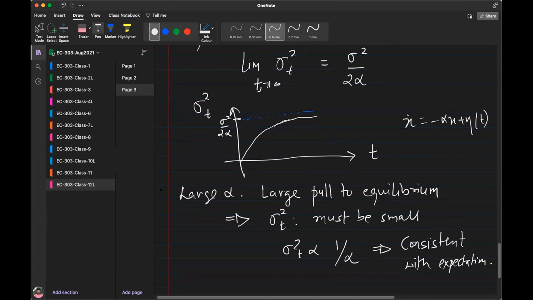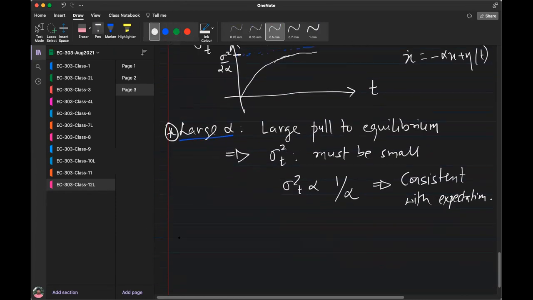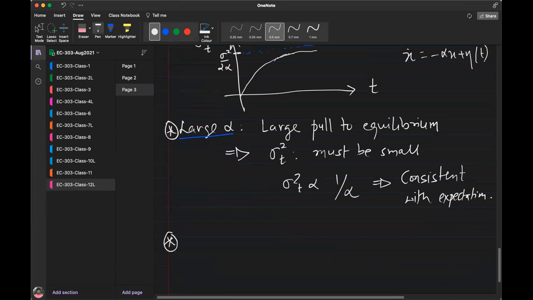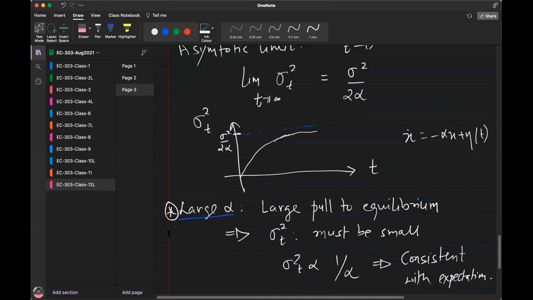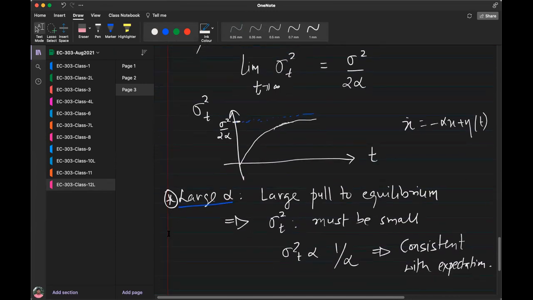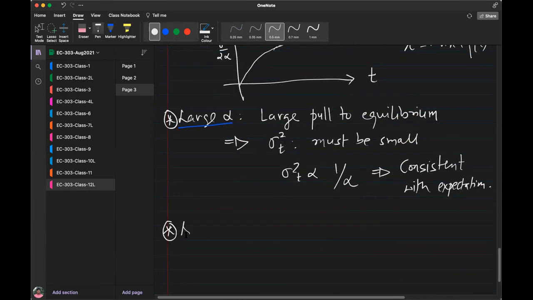That's great. What else? Another case would be when alpha is very small. Exactly, right? Small alpha, low pull to equilibrium.